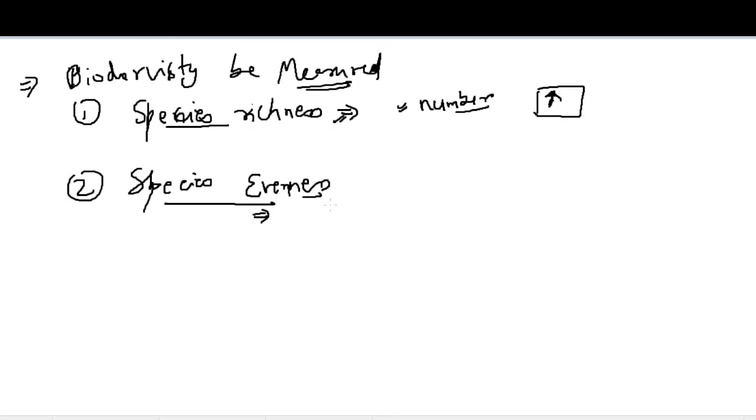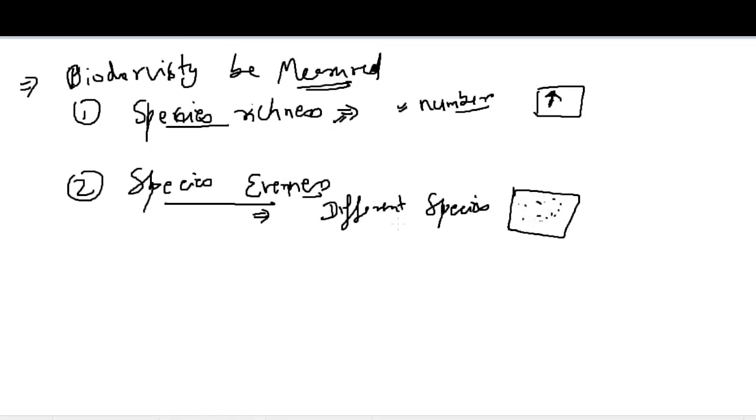Evenness is when different species are present in a single territory. Consider this a territory and different species are present.